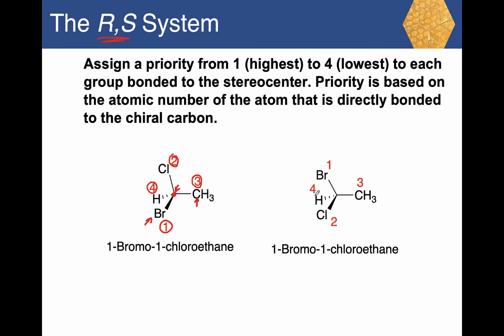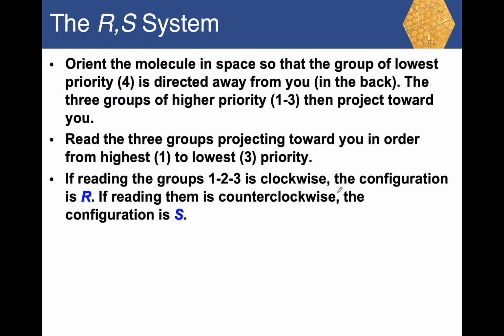So once you have prioritized the groups bonded to the chiral center, let's see what we do next. Next, you have to orient the molecule so the group of lowest priority is in the back. That's where the dash and the wedge become very important. And then you trace the numbers going from 1 to 3.